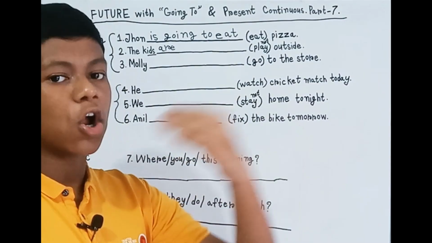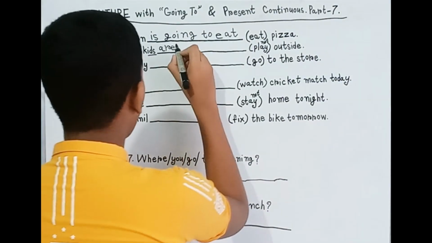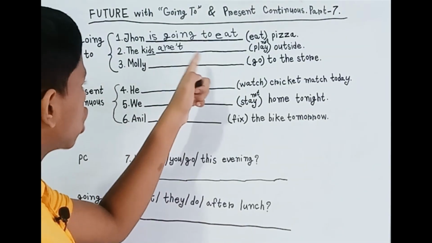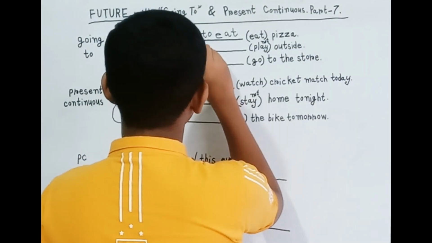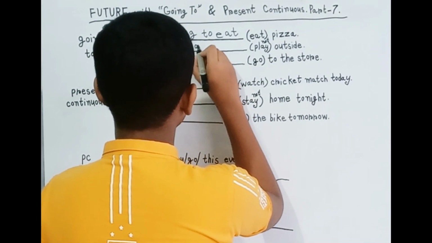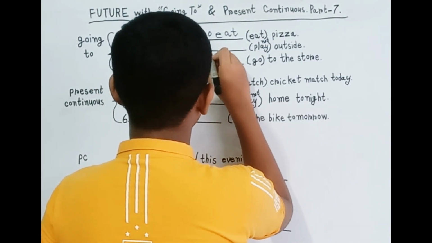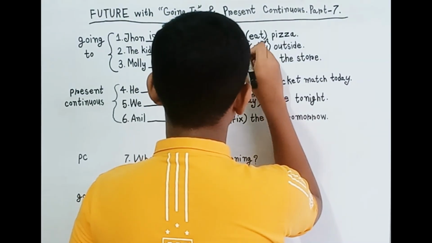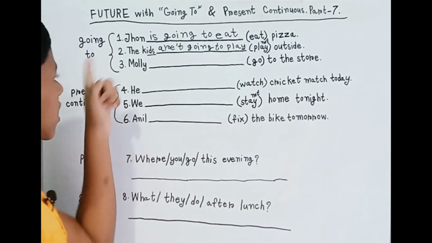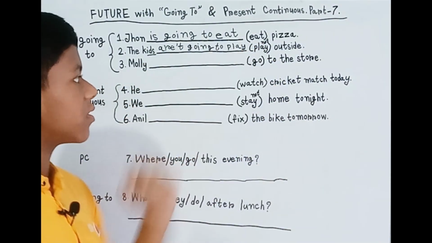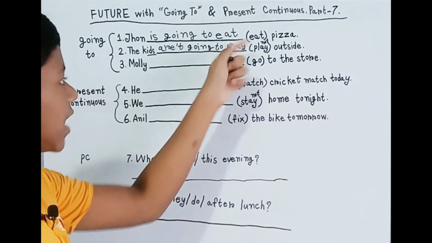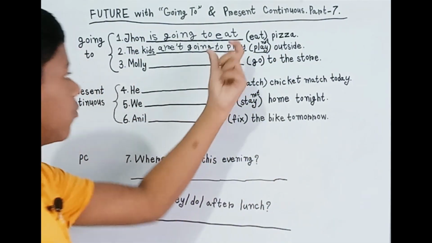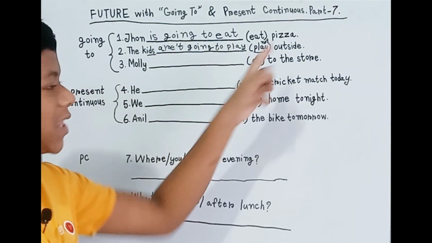I can just contract it. How? Aren't. The kids aren't going to play outside, because our main verb is play. That's why I have written this. The kids aren't going to play outside.